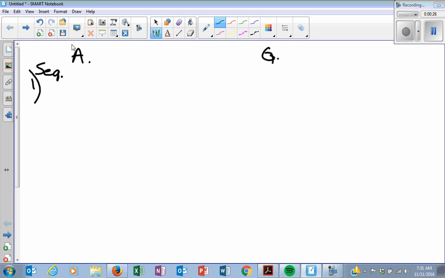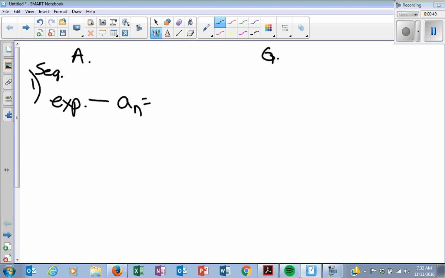That's good. So sequence. If I want to find any term in the sequence, what formula do I use? The explicit formula. Which is what? A-N. Why is it A-N? Why did we choose A?